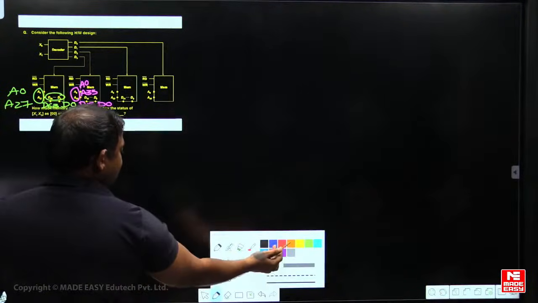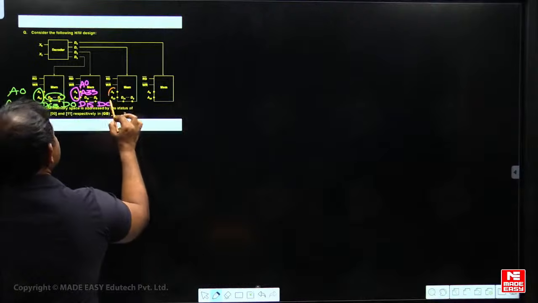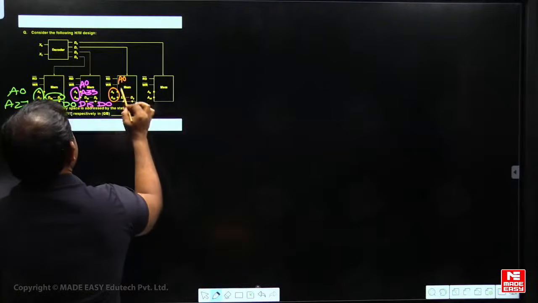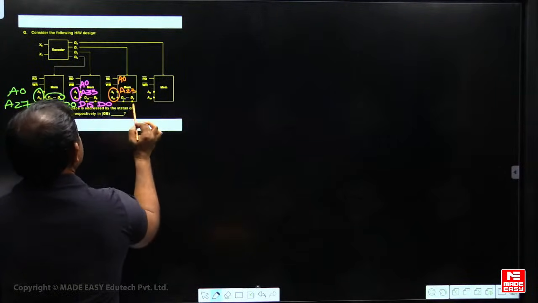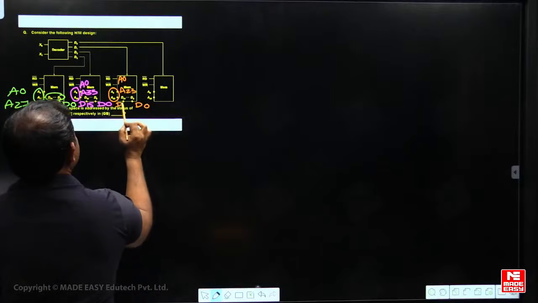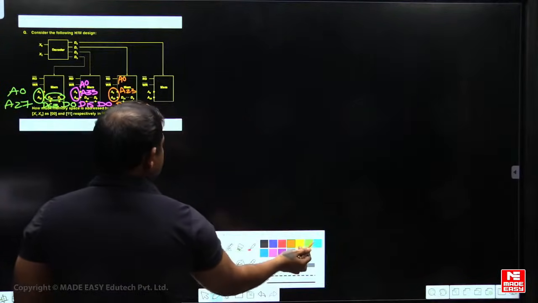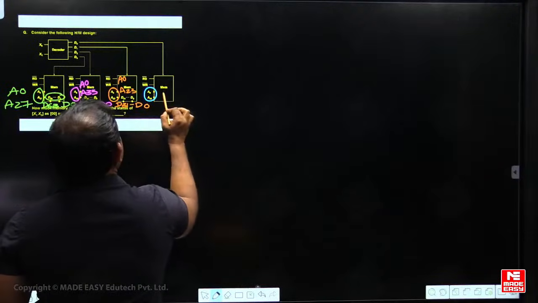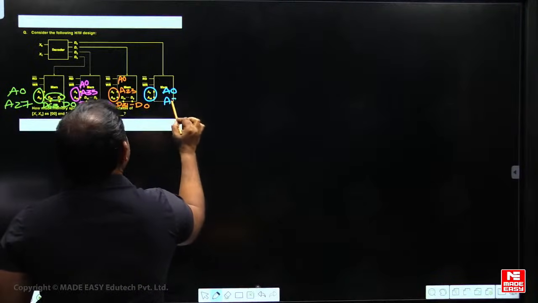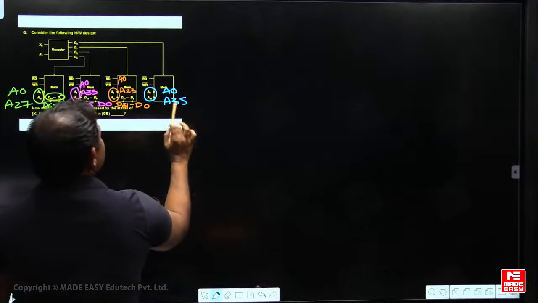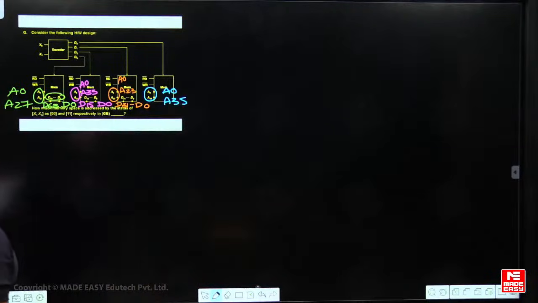Ratnesh Pandey, verify. This is A0 to A23, then this is D0 to D31. Okay. Now this is A0 to A35, and D0 pins or data pins are not given.